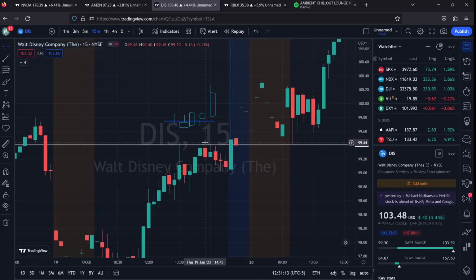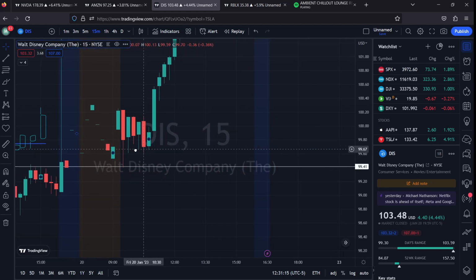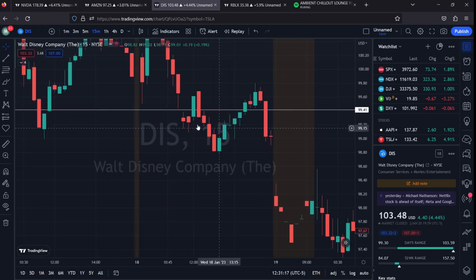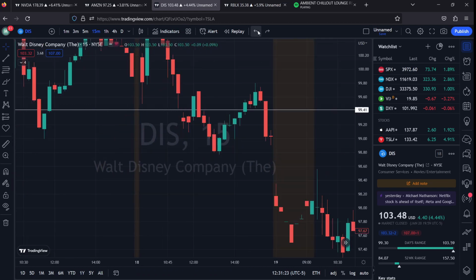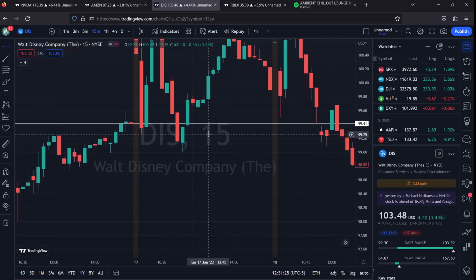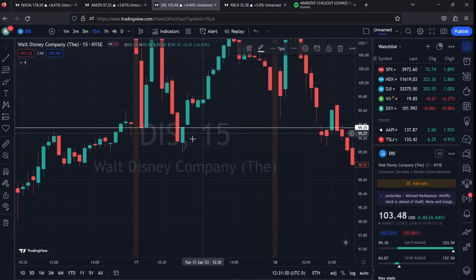It's still relevant at times, but other times it's completely useless, right? Like right here or right here. That's why you want to go back in, backtest the levels that you have, alter them if you need to. So move this level down like that.